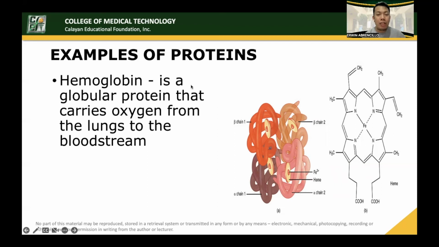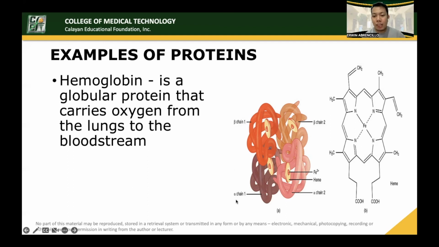Of course, this is a definition for physiological purposes, but here is the chemical structure of the hemoglobin.